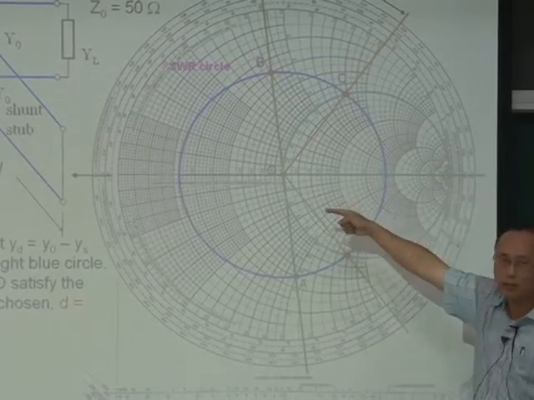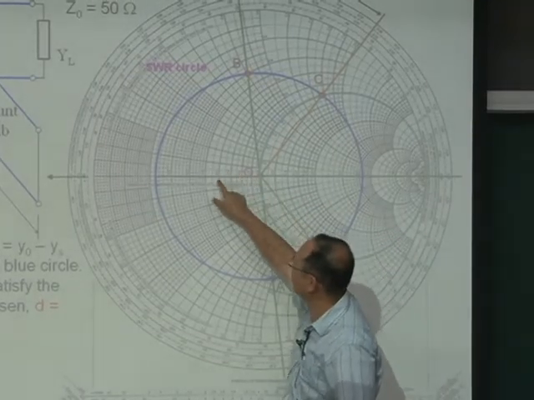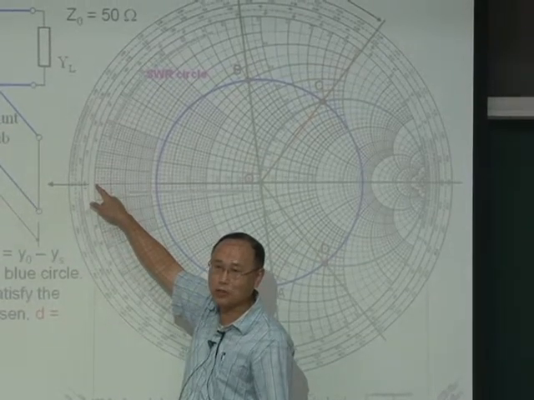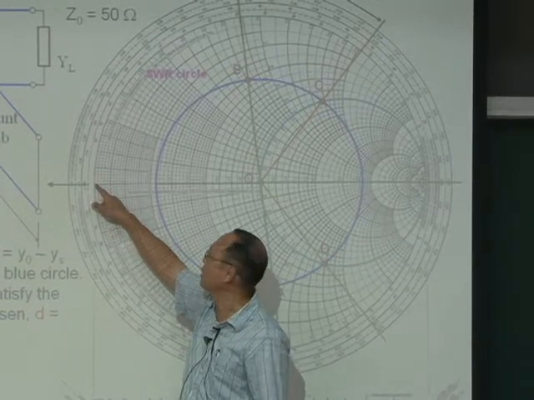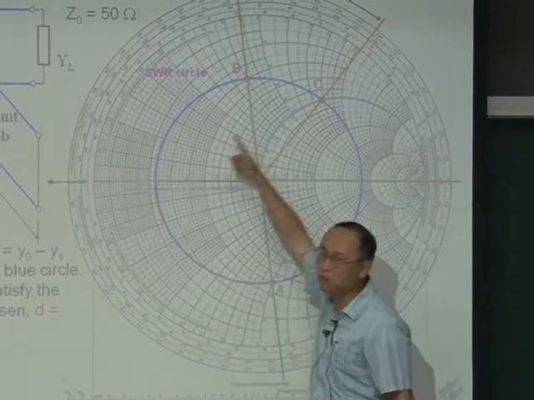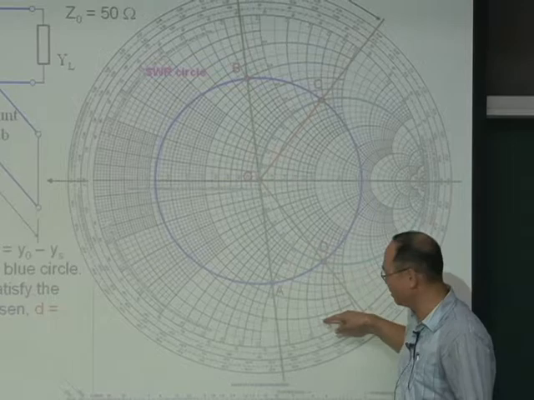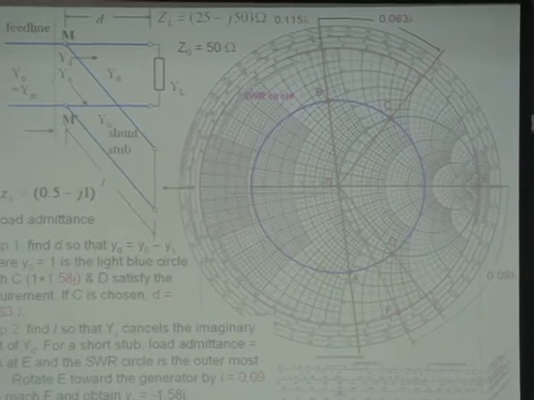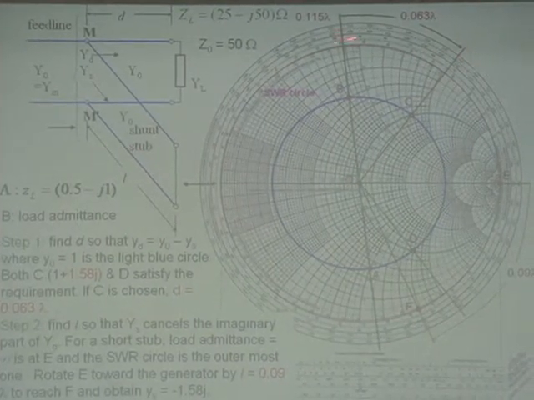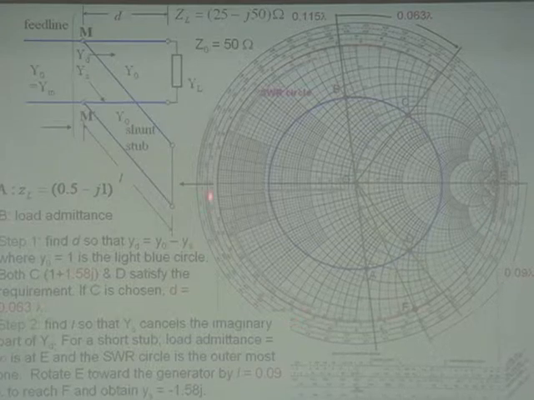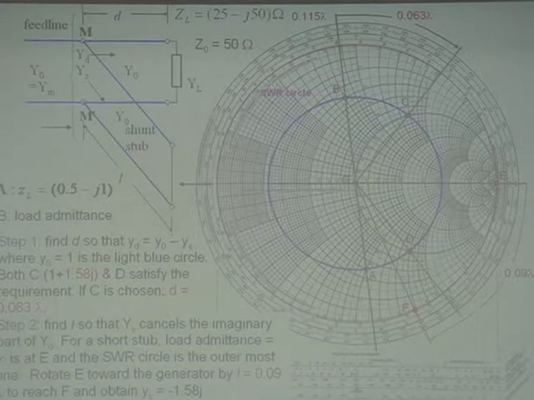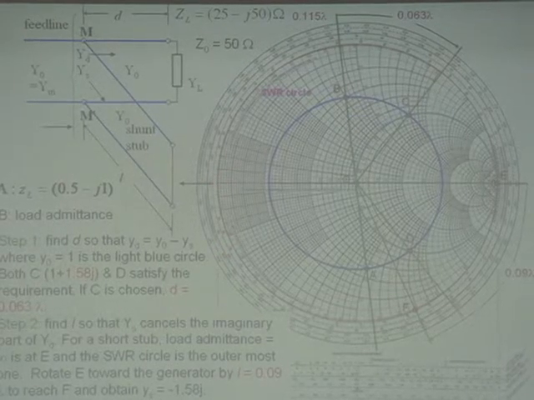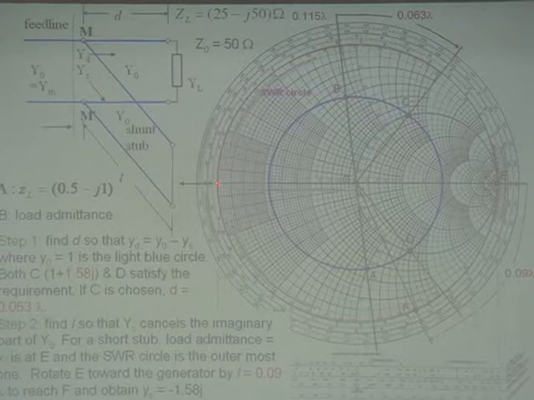If you walk in the other direction, the value drops all the way to 0. This means that your SWR circle for short circuit is the outermost line on this Smith chart. If you draw a circle along its outermost edge, that is your short circuit transmission line SWR circle. This one. Because this point is the short circuit point, your RL drops to 0 at this point.